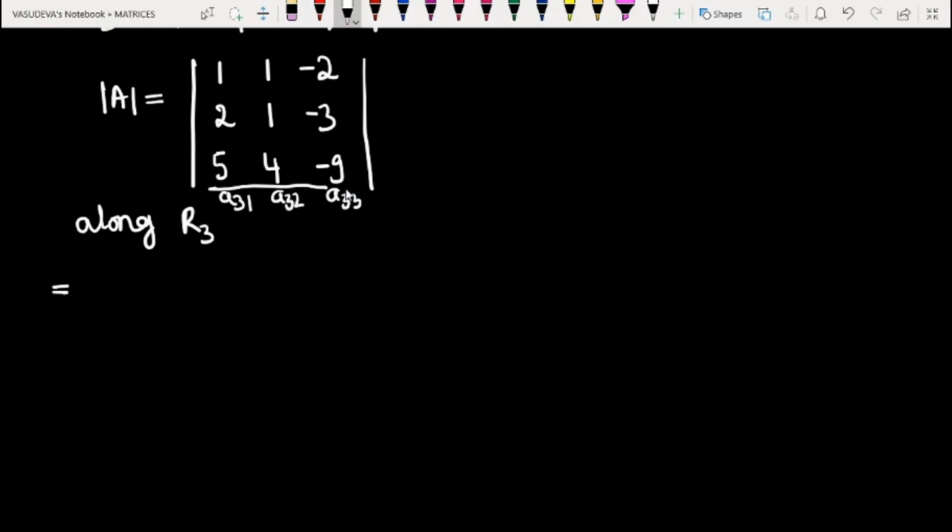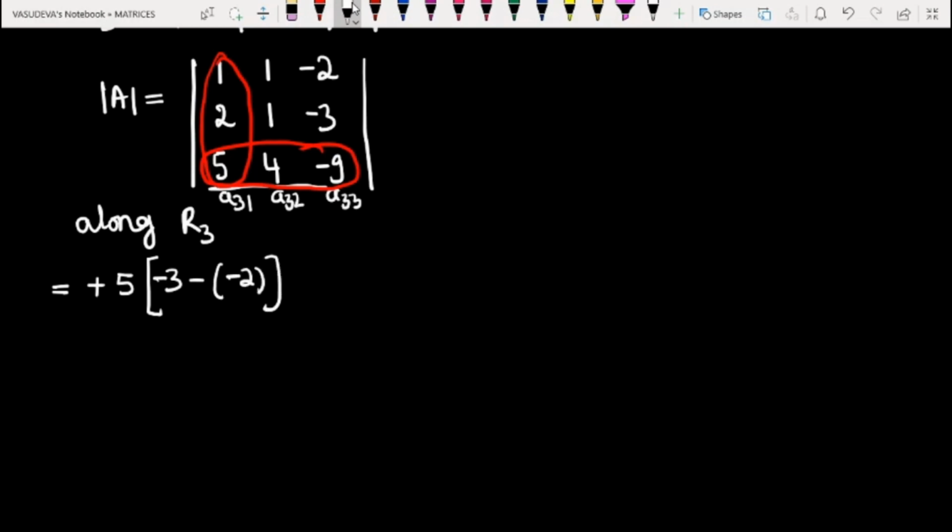A31, so 3 plus 1 is 4, sum of the suffixes, therefore it is plus 5 into, now here 5 lies in the first column and the third row. So leaving the elements, now what do we do? Now 1 into minus 3 minus of 1 into minus 2.